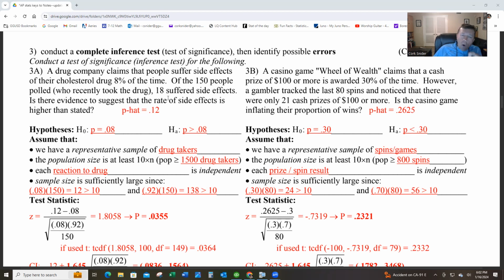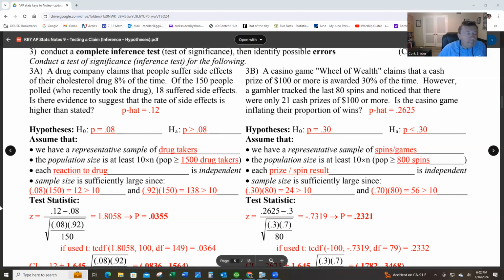Now, I know 12% is higher than 8%, but remember, every time we do a study, we're going to get a slightly different result. Is 18 out of 150 a large enough percentage to conclude that that claim is wrong? Or could 18 out of 150 have happened by chance just within this sample? That's the question you're going to ask.